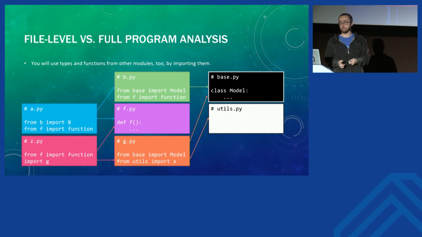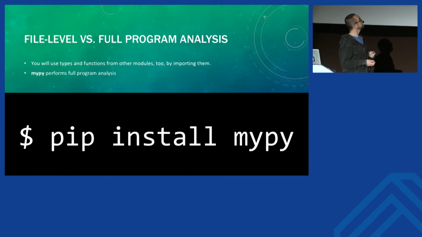So the type checker that we're using in Python, called MyPy, does all this, but it's slow. So you cannot quite use it as a linter in your editor to just show you errors at the time that you're typing. Not quite yet, because for example on the Instagram code base, it takes around 40 to 50 seconds to run over the entire code base and say, hey, you have errors here and here.